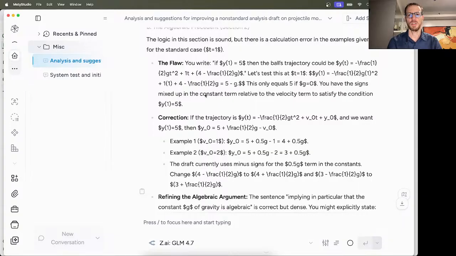You have the signs mixed up in the constant term relative to the velocity term. Hmm. 5 minus g. See, I'm terrible at actual arithmetic, like the kinds that they make 6th graders do.